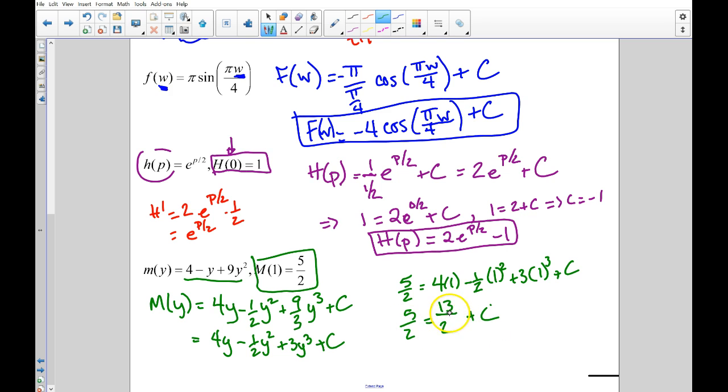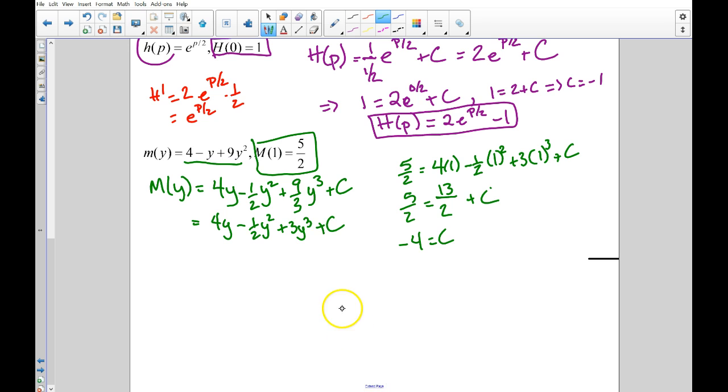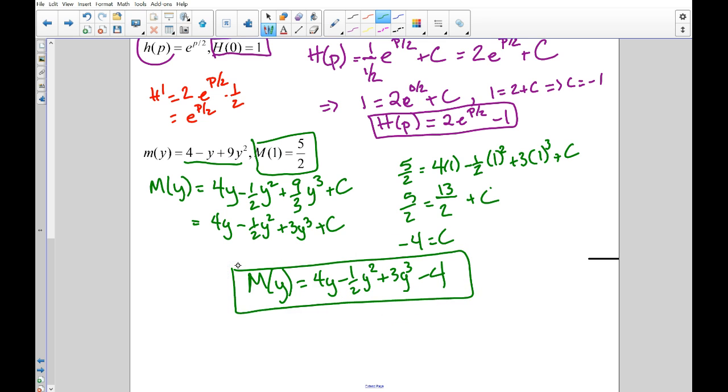Moving this over, 13 halves minus 4... I mean 5/2 minus 13 halves is equal to c, so c is minus 4. So my end result, my specific antiderivative, m of y, is equal to 4y minus 1/2 y squared plus 3y cubed minus 4. And so that's a bit on general and specific antiderivatives.